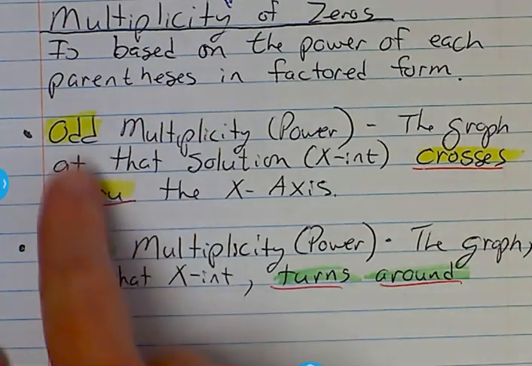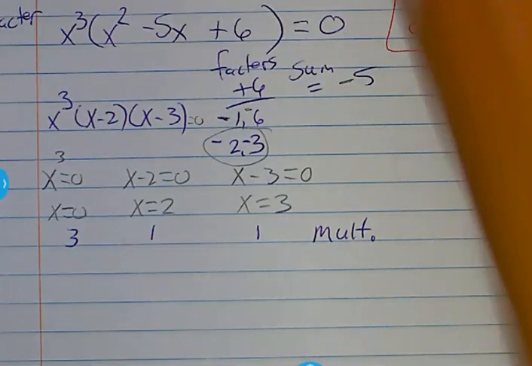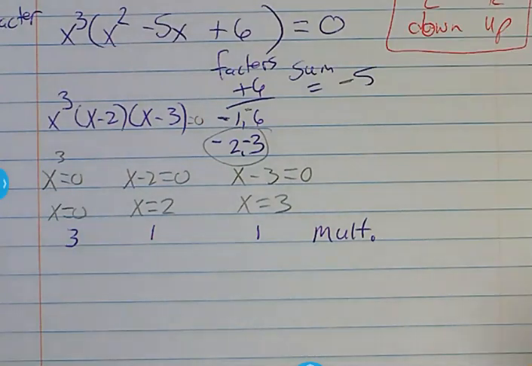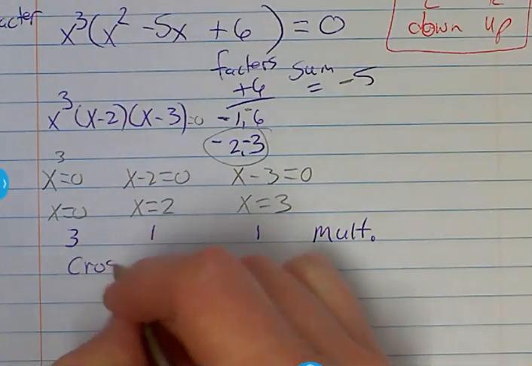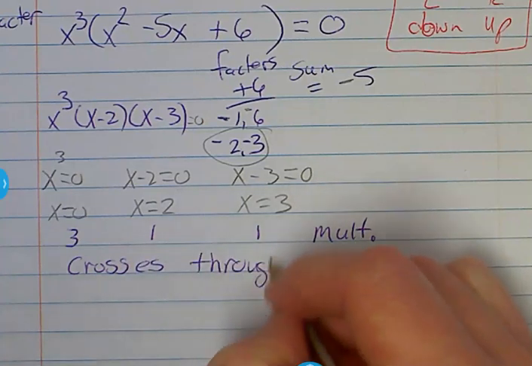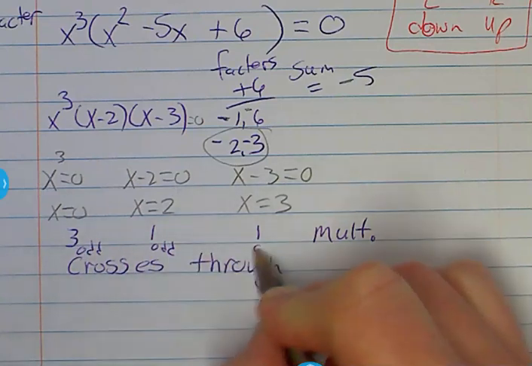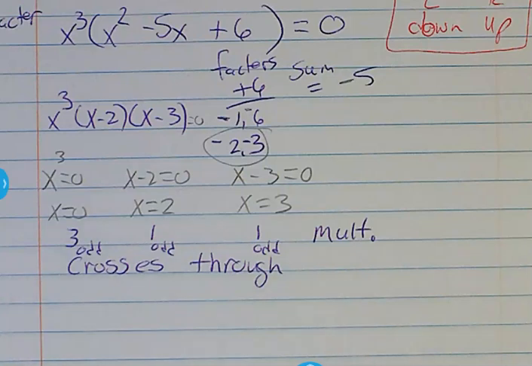All those are odd, so every single one of those is going to cross through the x-axis. If it was even, it would have to turn around, but anything with odd multiplicity means it's crossing through.